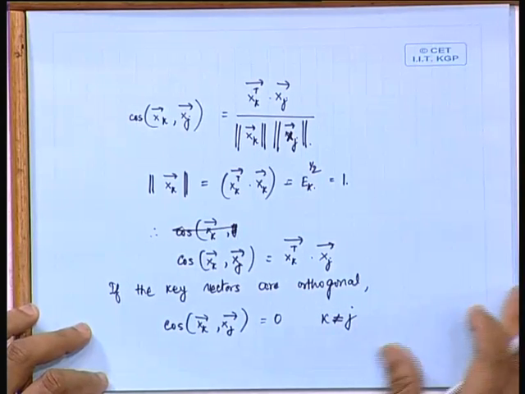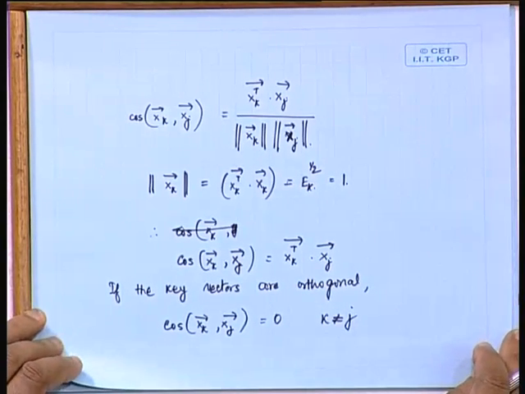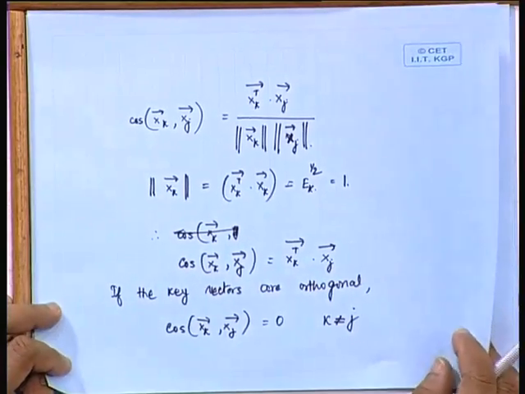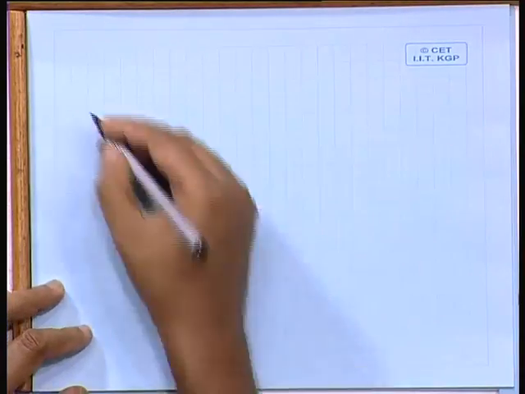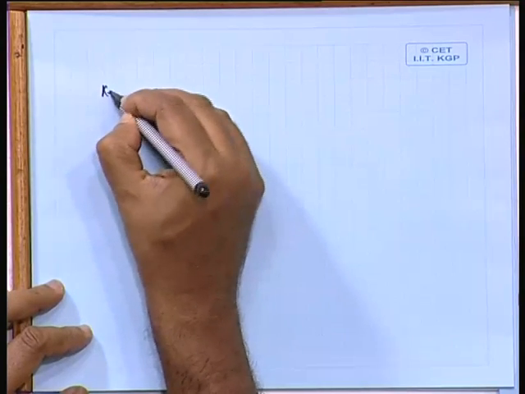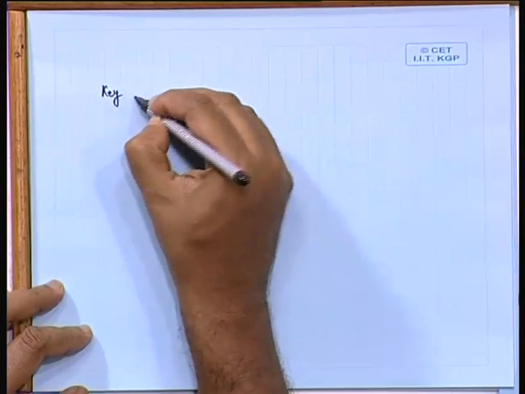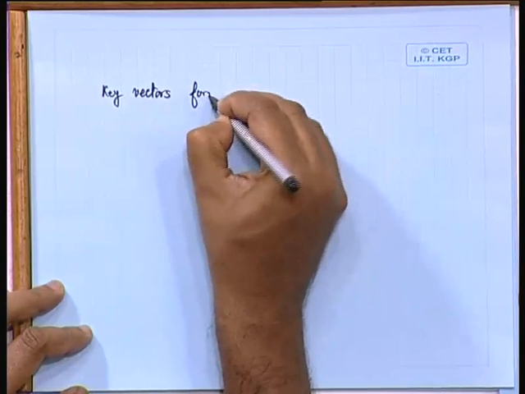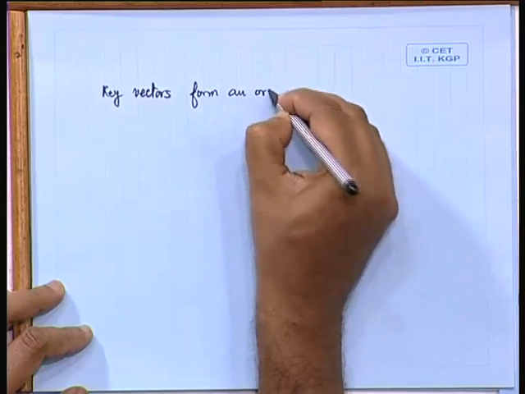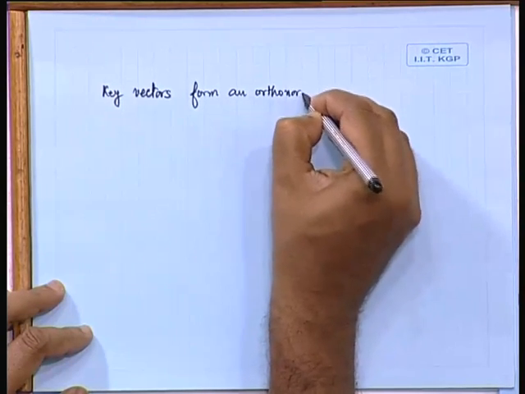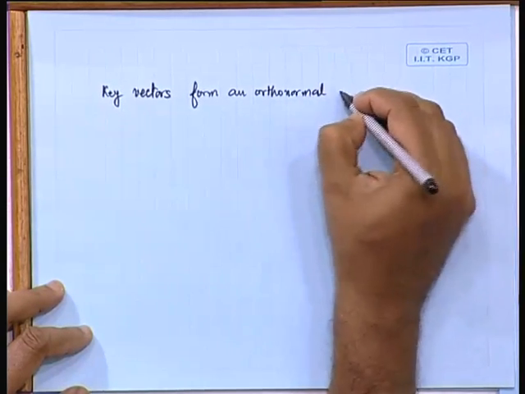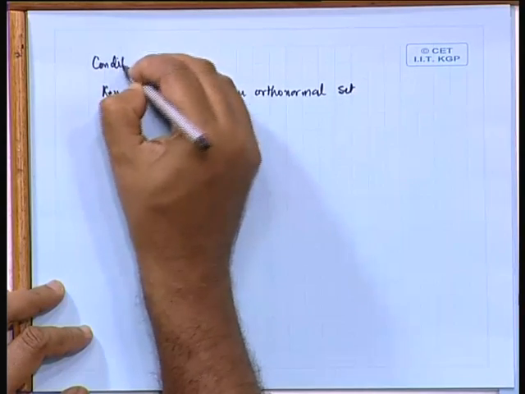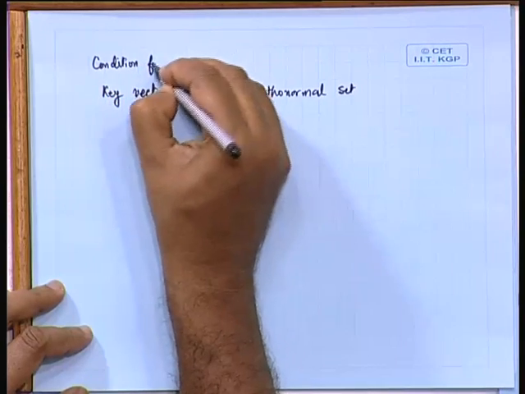So, the condition for the associative memory to work perfectly is that the key vectors form an orthonormal set. That is what we can say as the condition for perfect recall.